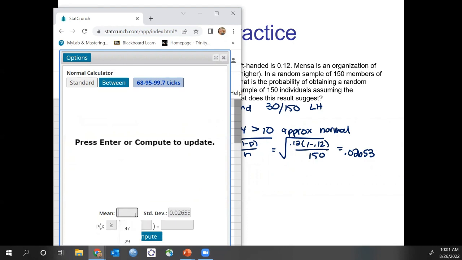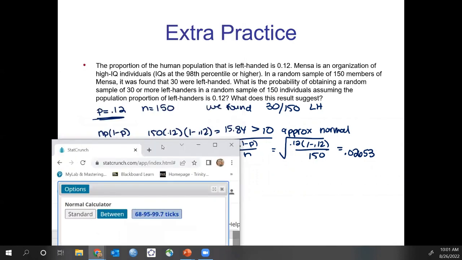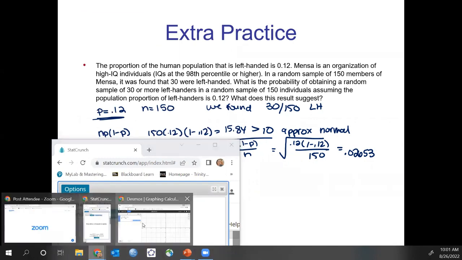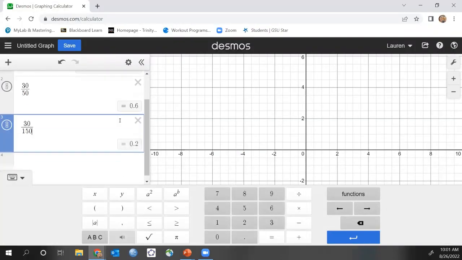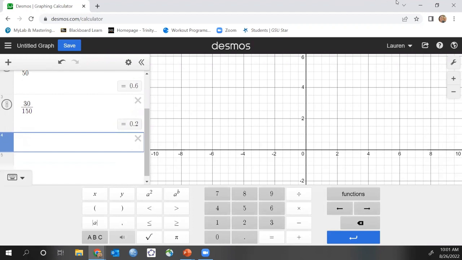All right, our mean is 0.12. What we've got to do is figure out where this value falls. 30 out of 150, 3 out of 15, I think that's 1/5. I want to say that's 20%. So you can check, 30 out of 150, my bad, 0.20.